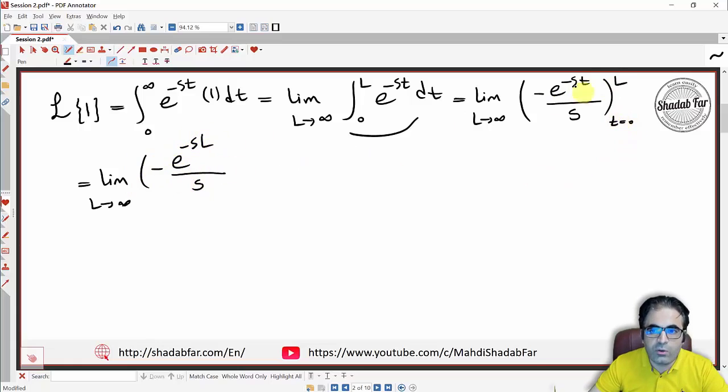And if I put 0 here, the exponential of 0 is 1. So it's going to be minus 1 over s, so we have plus 1 over s here.